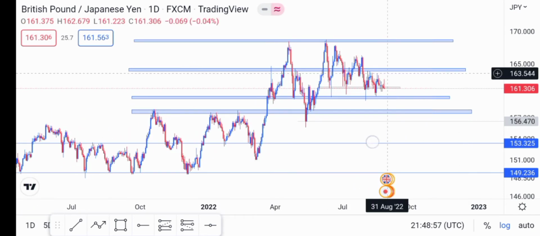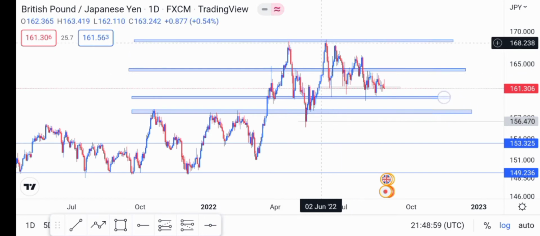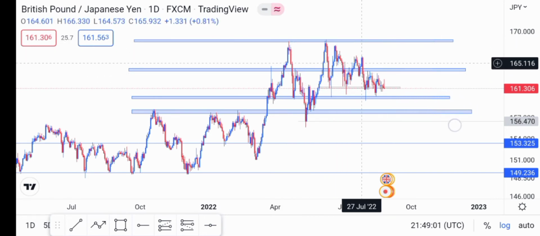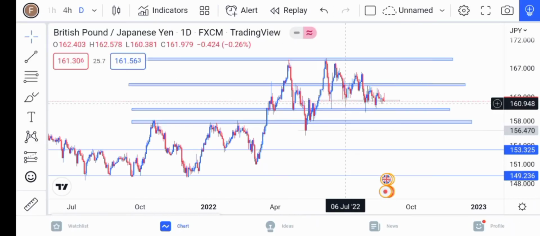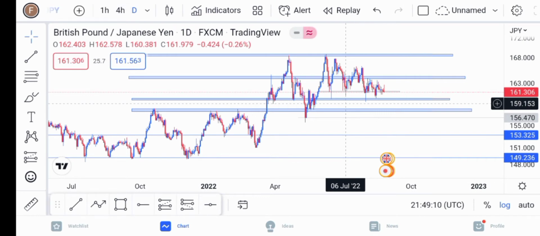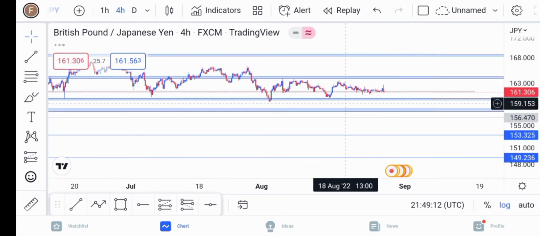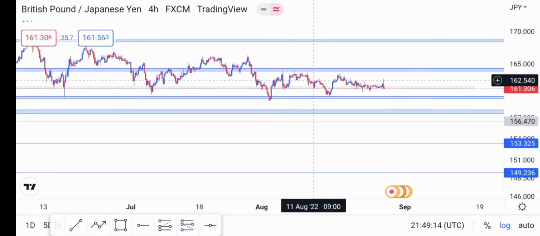GBP has been pushing to the upper side up until right over here. They decided to push it downward side right over here. So there's not much going on the daily time frame. Let us move to the 4-hour time frame to see what's really going on with GBP JPY.